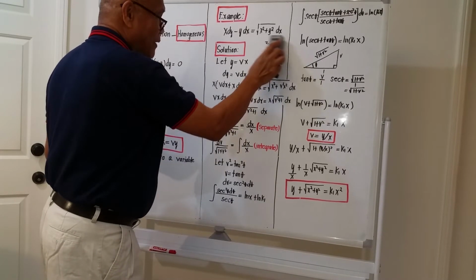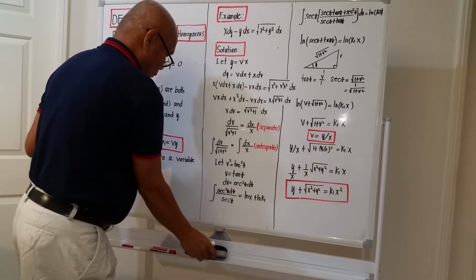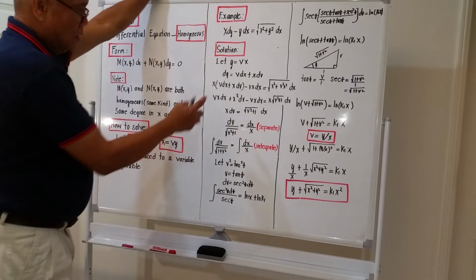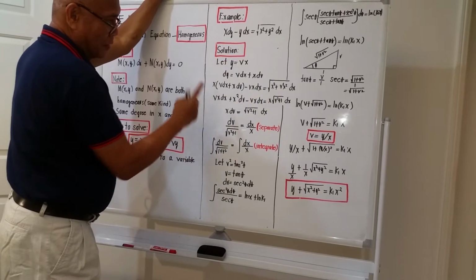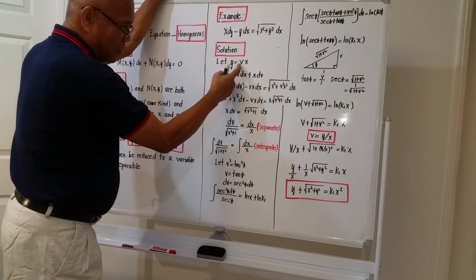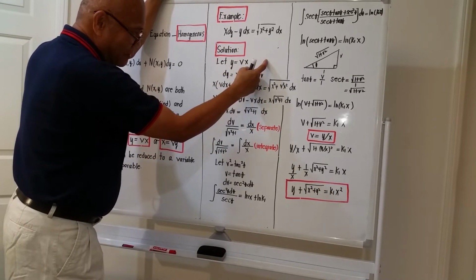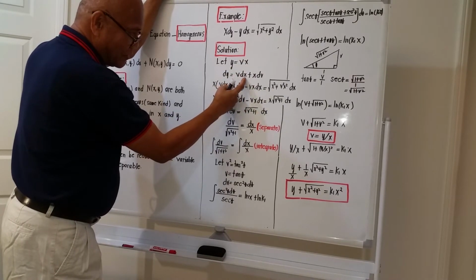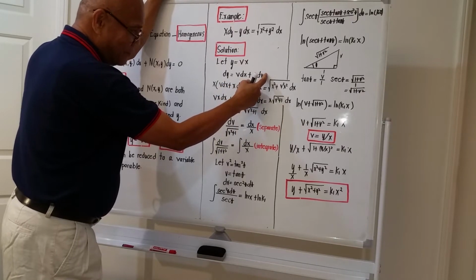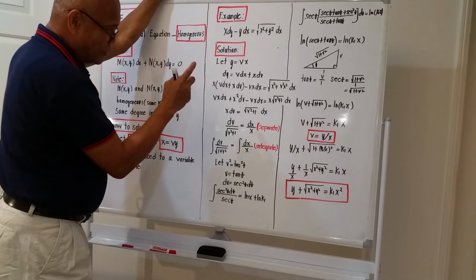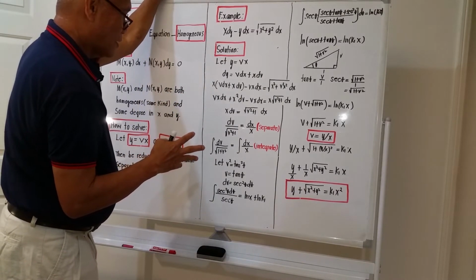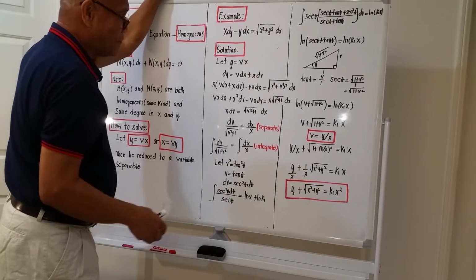Okay, let's try to bring out the solution. To bring out the solution, we will use y equal to vx. Taking the differential of both sides, dy will be the differential of the right hand side, a product, right? First times the differential of the second plus the second times the differential of the first. Then we will substitute the value of dy back to the given equation.